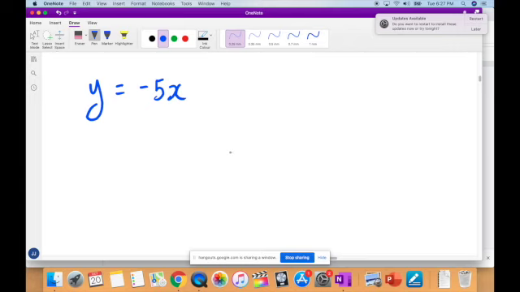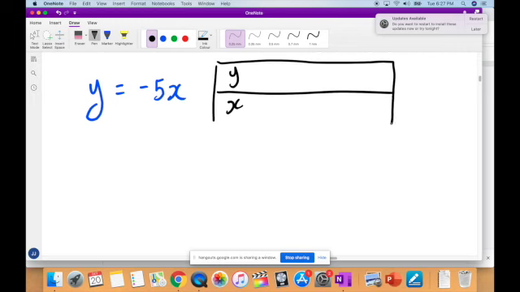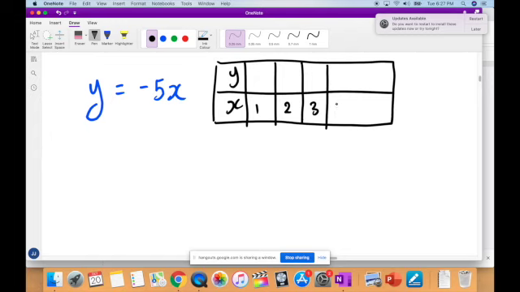The easiest thing to do is to draw a little table, X, Y, and start plugging in values for X. So X is 1, X is 2, X is 3, X is 4, X is 5, and so on. When X is 1, what is Y?